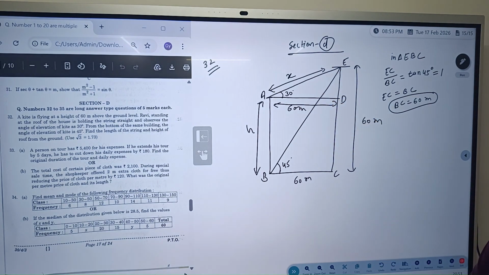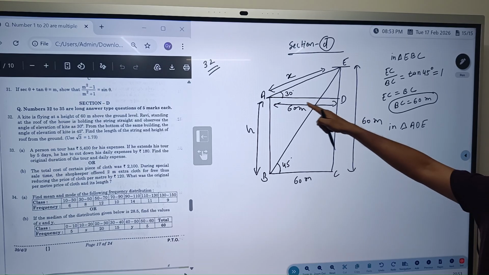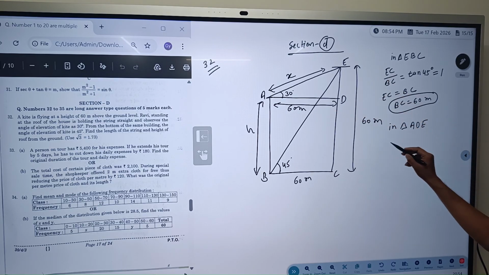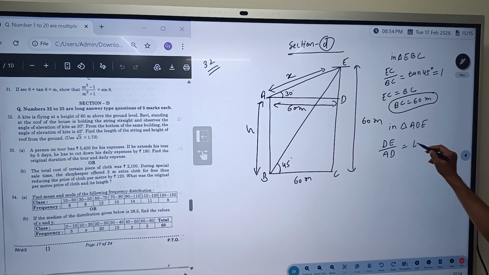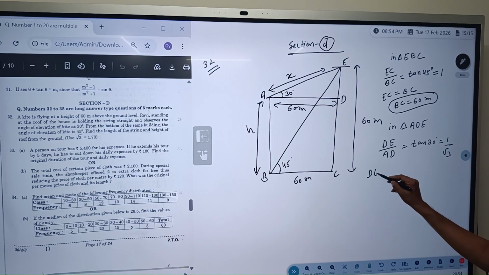Now we can use triangle ADE to find H and X. In triangle ADE, AD is known, so we can find DE. DE upon AD is equal to tan 30 degree, that is 1 by root 3. So DE is equal to AD upon root 3.